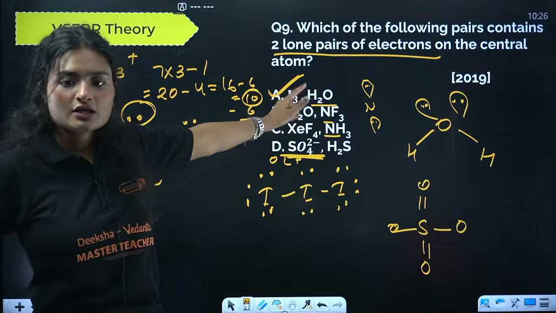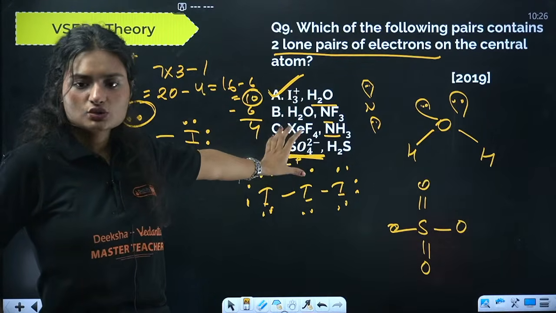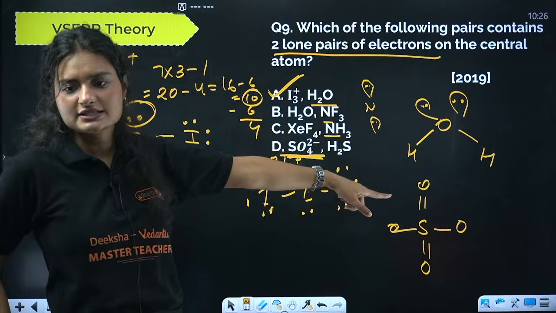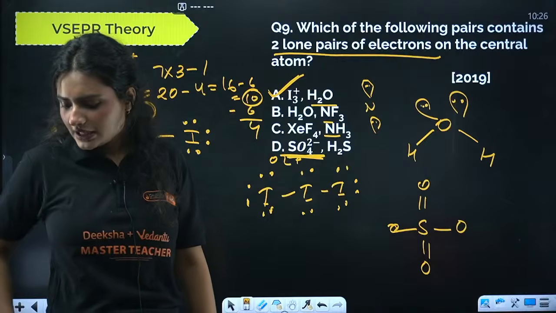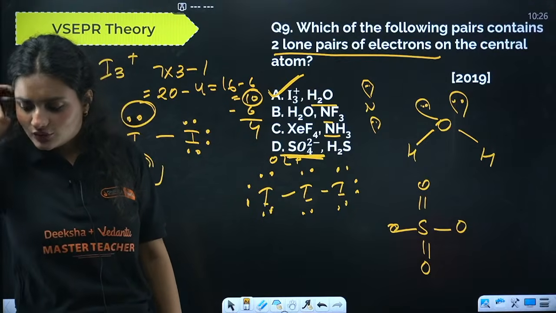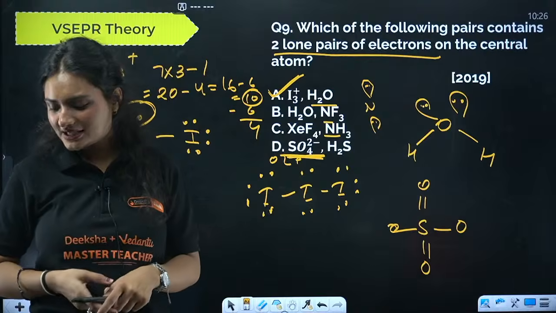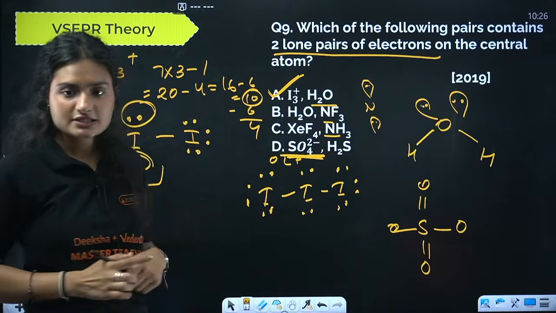You know NF3 has 1 lone pair, NH3 has 1 lone pair. SO4 2 negative, I remember it has no lone pair. It has a structure like this. So my correct answer is option A. You guys are here for solving questions, right? Yes, the correct answer is option A.